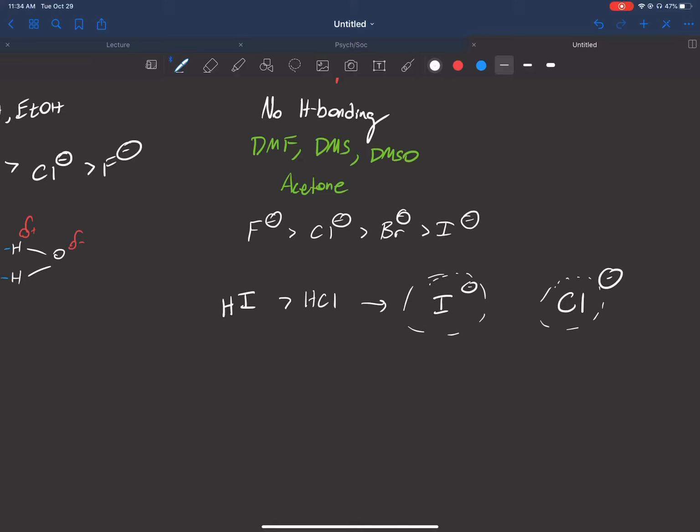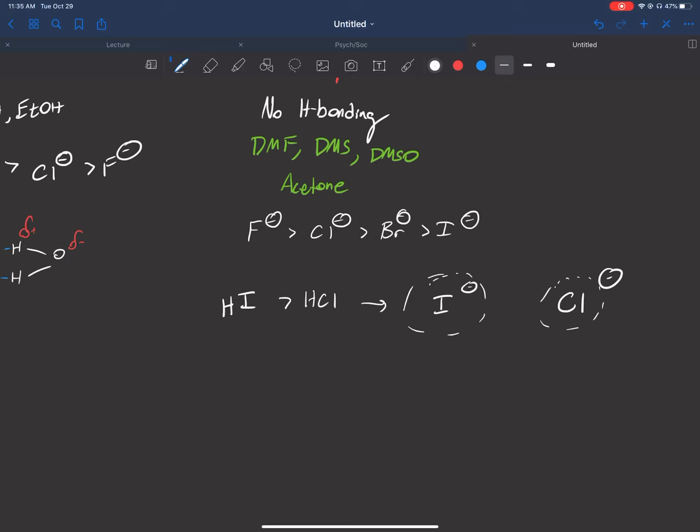Okay, so if iodine is the more stable conjugate base, it's stable, so it won't really react. Chlorine, on the other hand, is still considered relatively stable, but it's going to be a little bit of a stronger base because it's not as stable as iodine. It's not able to spread out the negative charge as much.